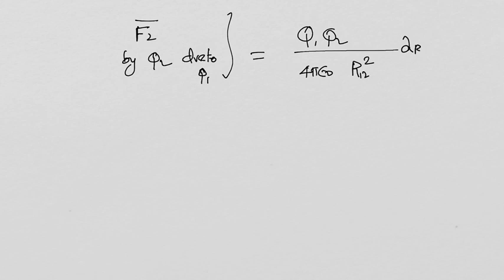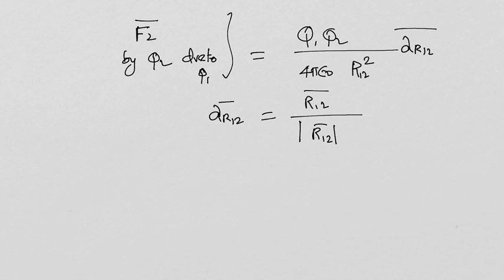And of course, it is a vector quantity, so the unit vector indicates the direction in which the force is acting along. It's a very simple calculation because in the total estimation you have to find out only AR12. Once you determine AR12, which is a unit vector computed based on the ratio of the vector by the magnitude of the vector, you can easily calculate the force acting on Q2 due to Q1.